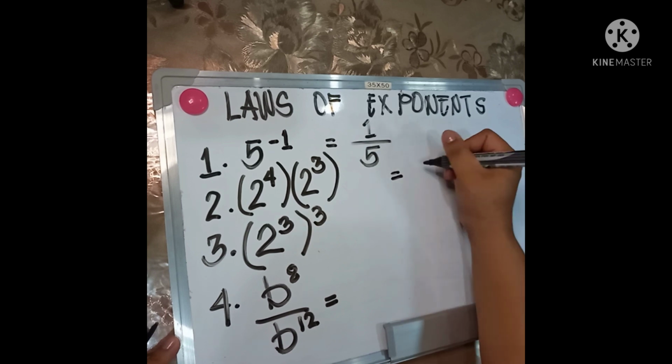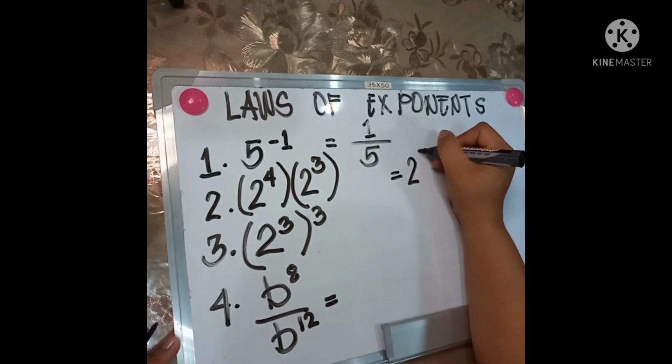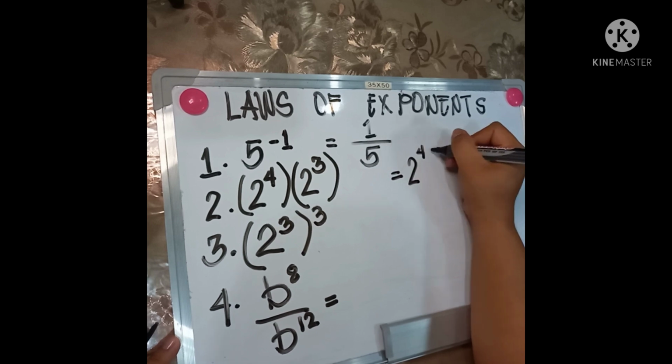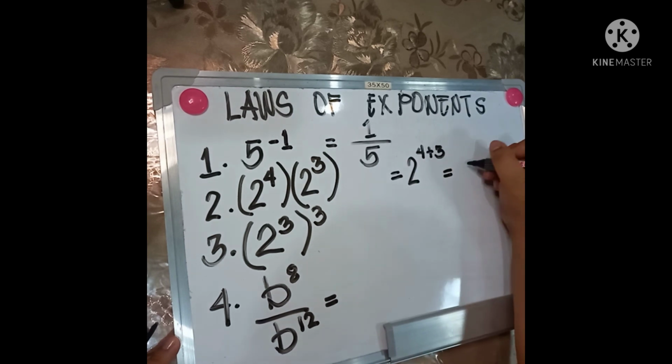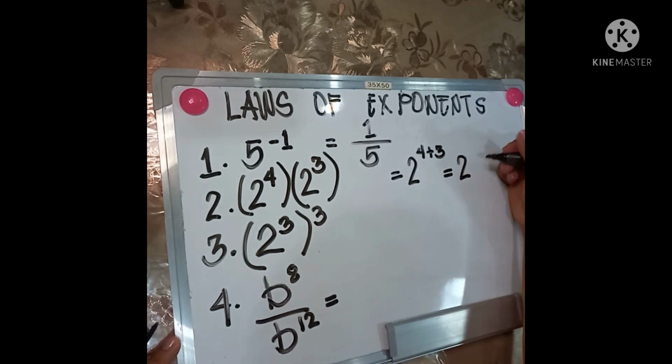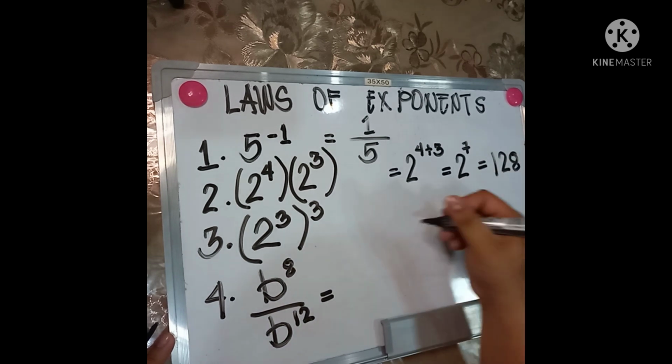For number 2, we have 2 to the power of 4 plus 3 following the law of exponent. That would result to 2 to the power of 7, and to simplify it, multiply 2 by 7 times. That will result to 128.